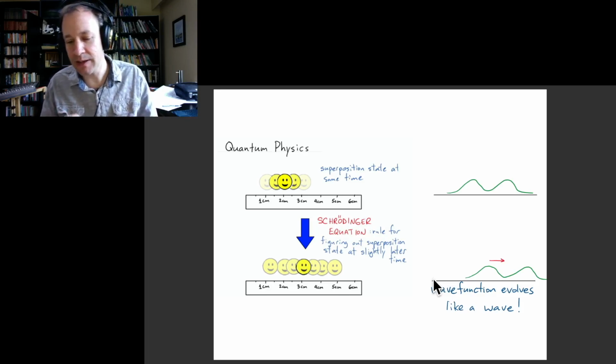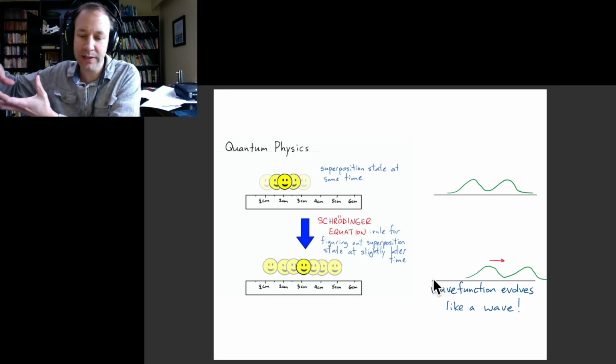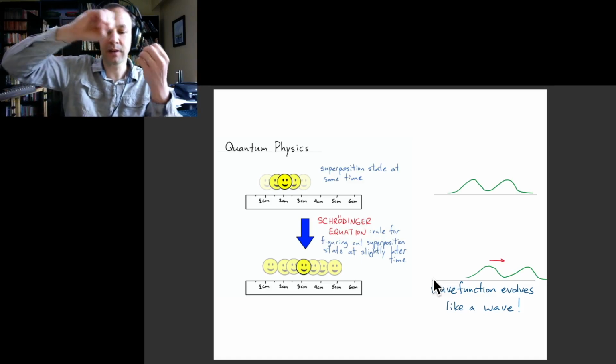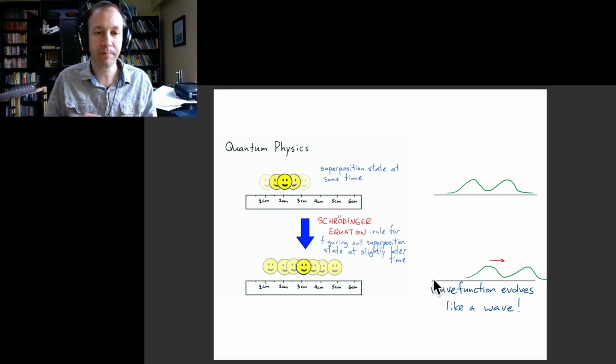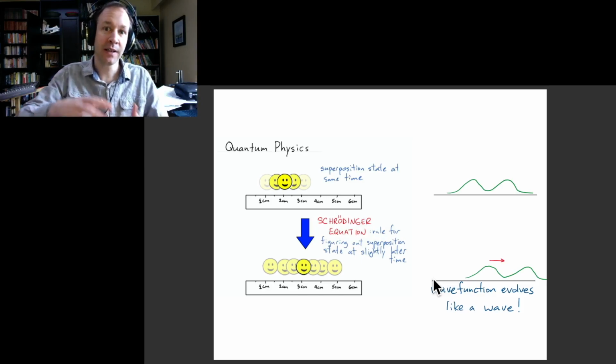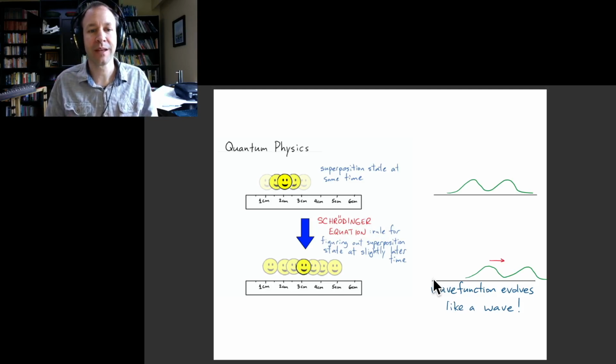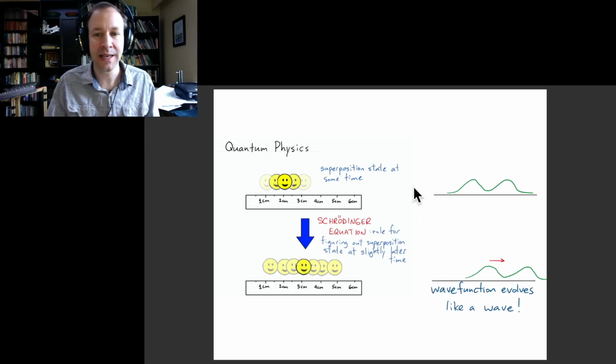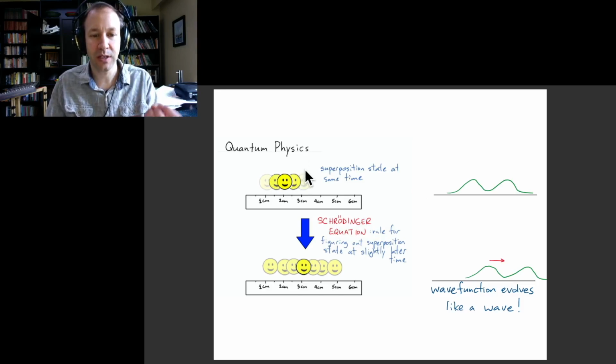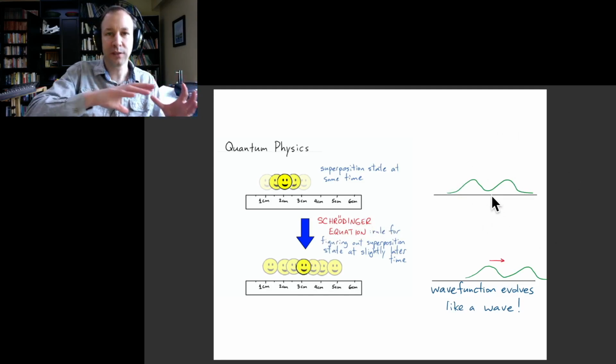Remember, Newton's laws allowed us to predict future positions and velocities from the current position and velocity. So now in quantum physics, we need something that will allow us to predict the future wave function from the current wave function. And that's the thing that we call the Schrödinger equation. The Schrödinger equation tells us how this superposition will change with time, or equivalently, how a wave function will change with time.